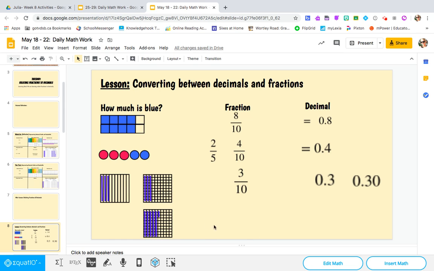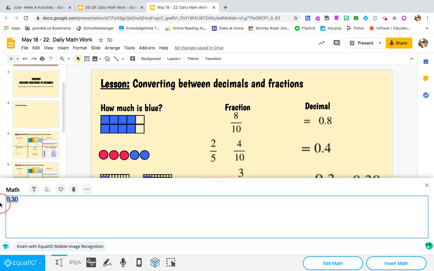Now, in the meantime, we can go on to the last one here because you can see that there's part of a row colored in here. I have 1, 2, 3, 4, 5 tenths colored in and 1, 2, 3 hundredths, or I could say 53 hundredths.